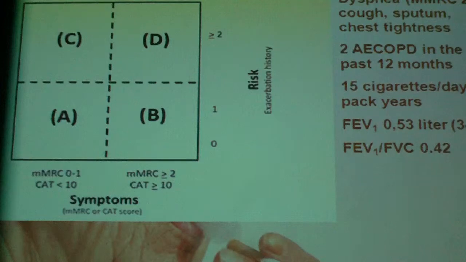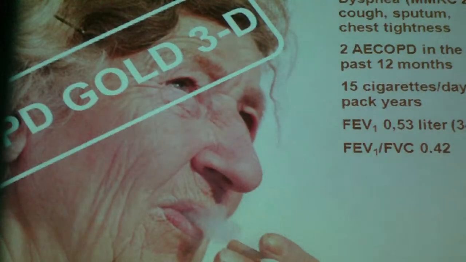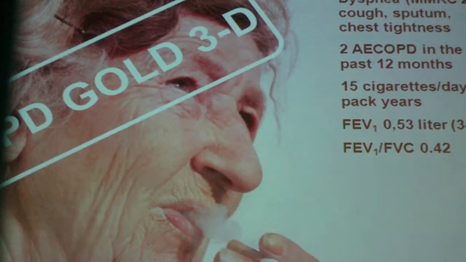Okay, very good, very easy. It has to be easy, because otherwise doctors don't use it. So it's stage 3 D COPD. So we know a little bit more. Now with the D, we know that she's at high risk. She suffers from exacerbations or has a more severe airflow limitation and has more symptoms.